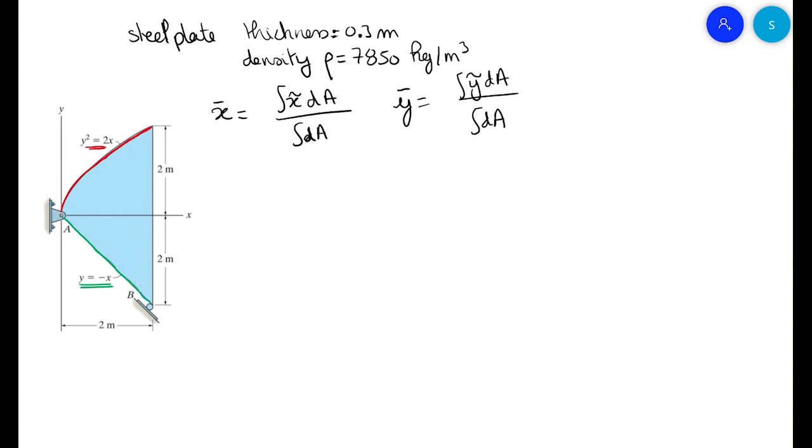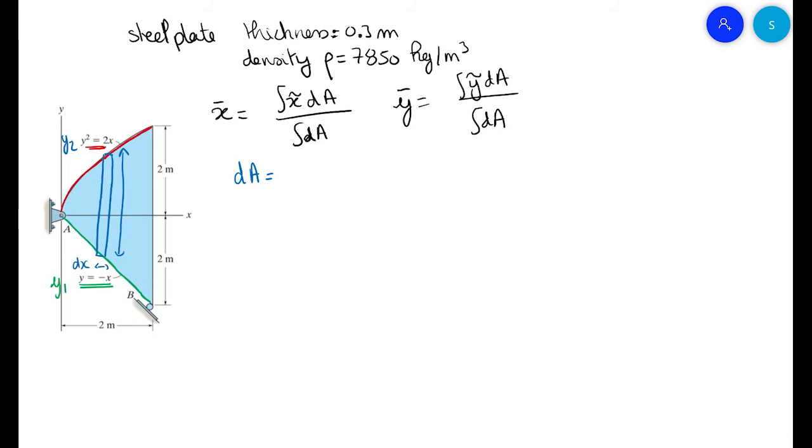Here we go. For our little element of integration, I will use a vertical stripe. That's my dA, in blue. On the x-axis it is dx, and on the y-axis, this length is y2, in red, minus y1, in green.